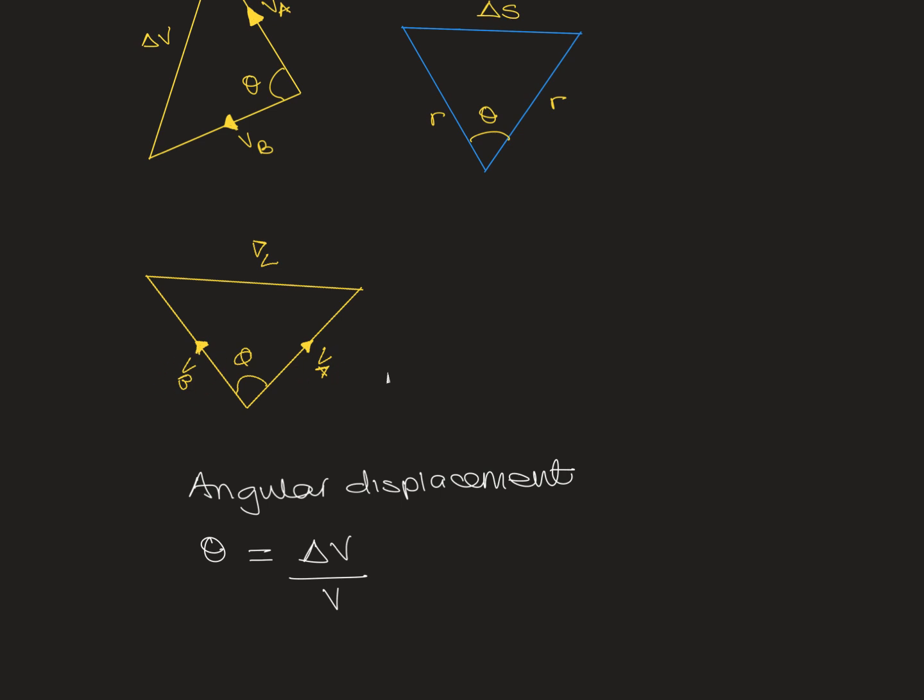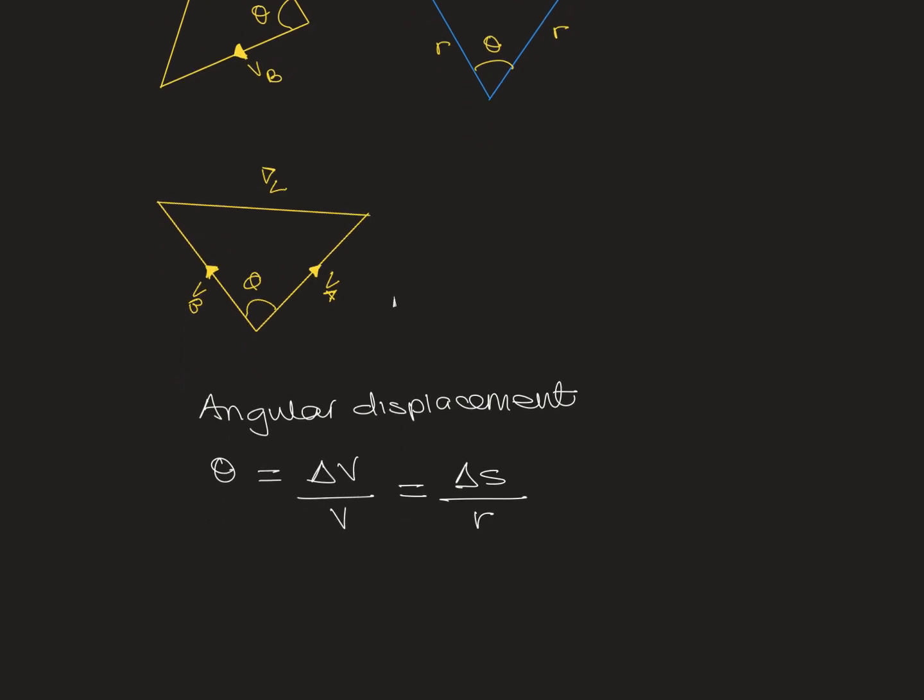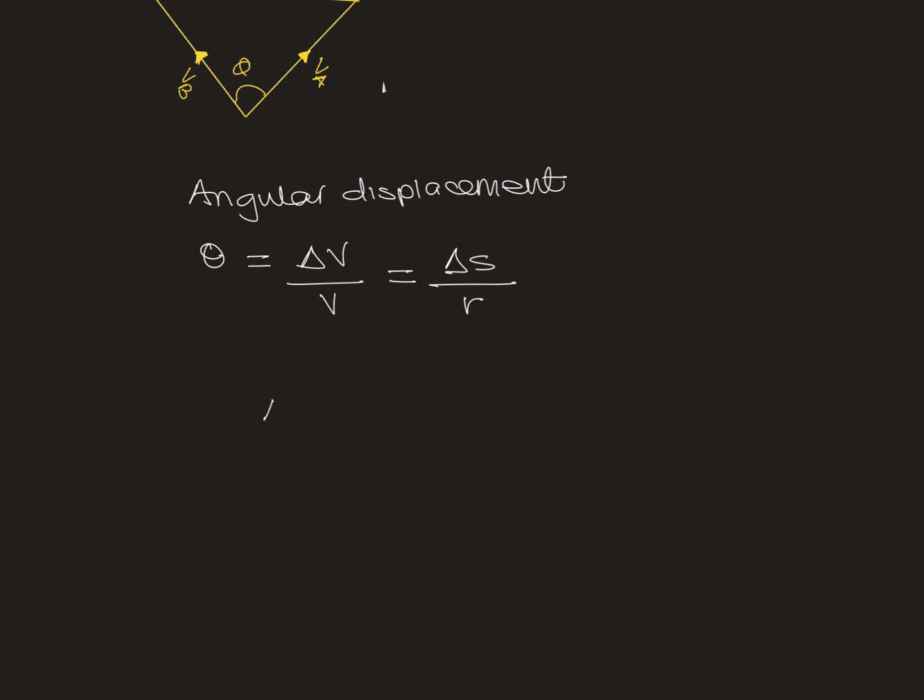So this is going to be equal to the change in the displacement divided by R. I hope you understand that. So delta V all over V is equal to delta S all over R.